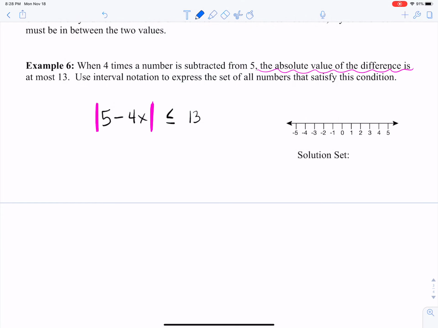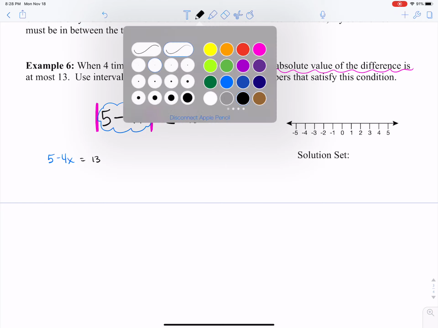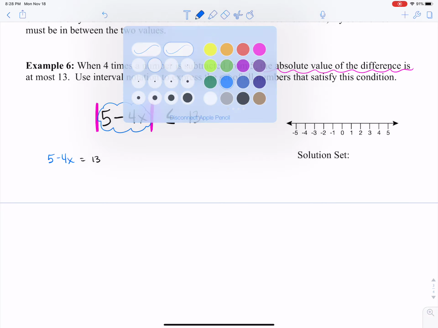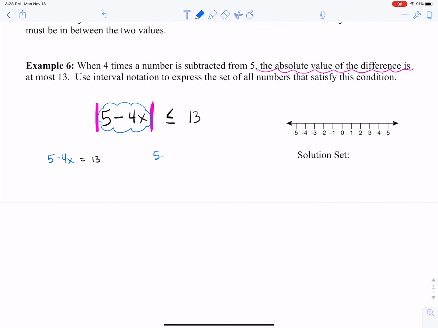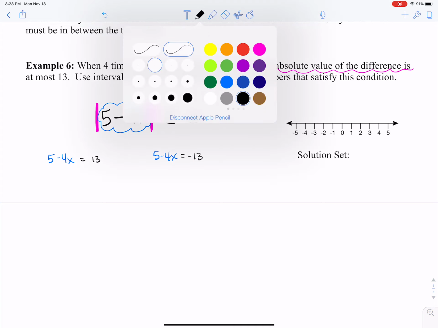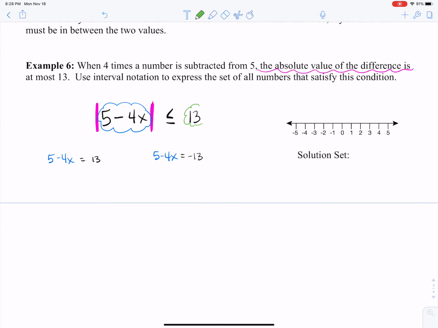Pretend for just a minute that it's an equation. Take out the contents. This was a positive 13. I set this equal to the positive version and the negative version.